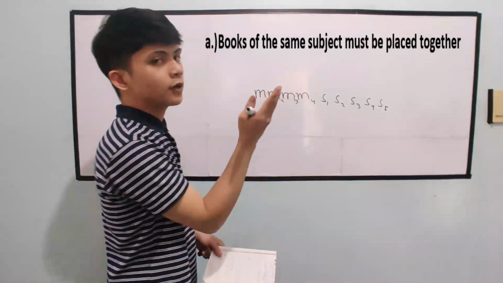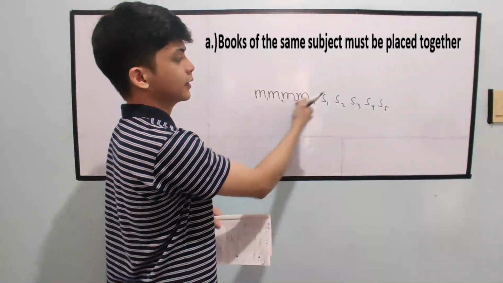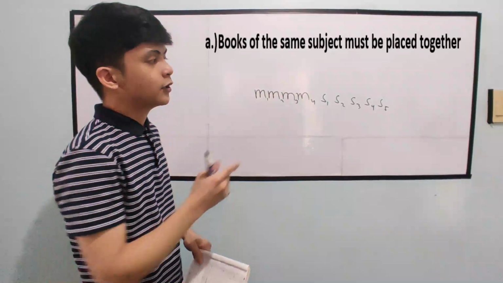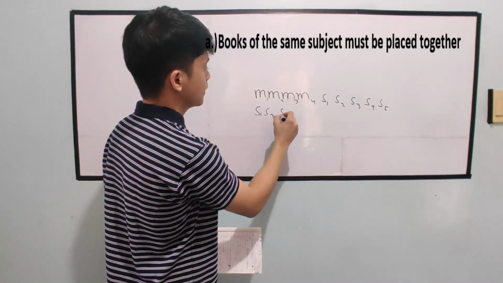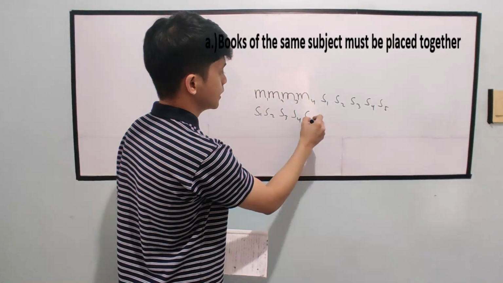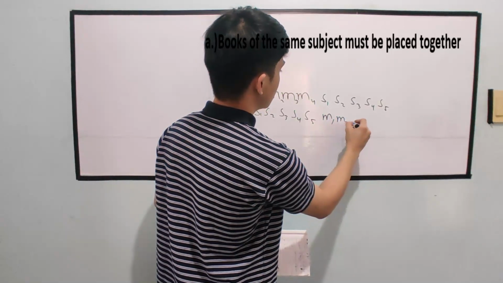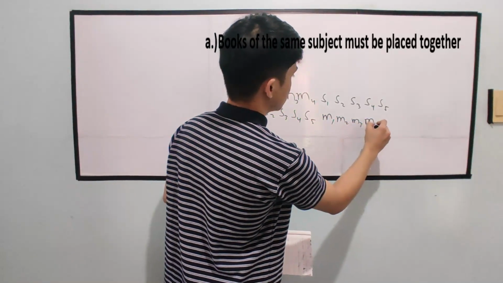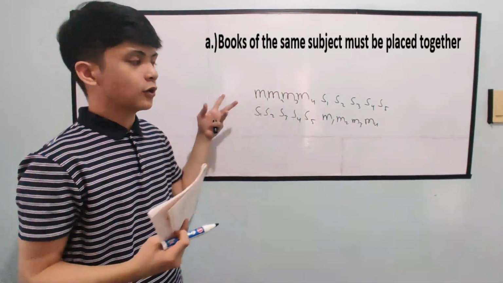So, yung isang way, nasa left yung mga math and nasa right naman yung science, and yung isa is ganito naman. Nasa left naman yung science and nasa right yung ating math. So, meron lang tayong 2 ways para i-arrange silang magkakatabi, no, as a group.